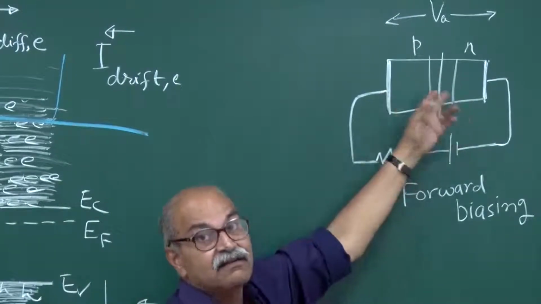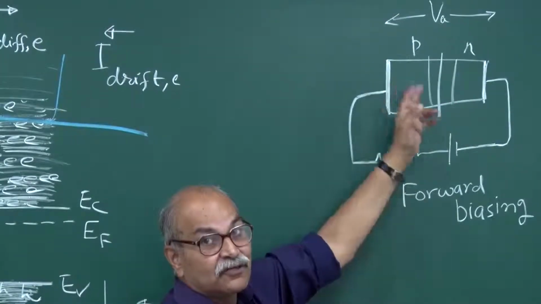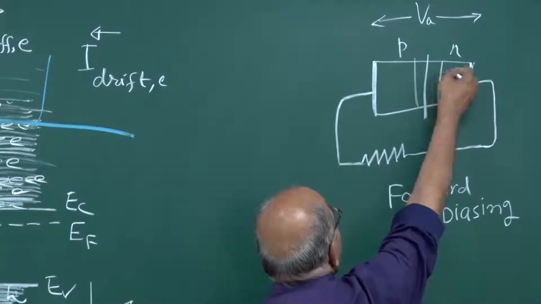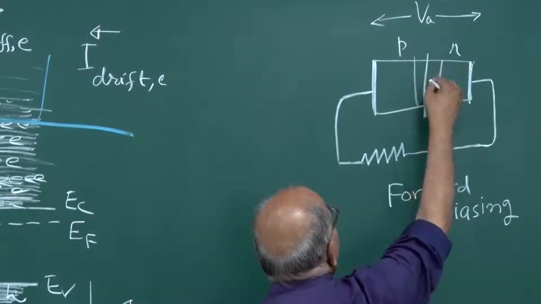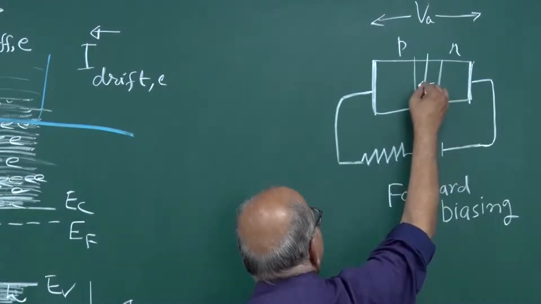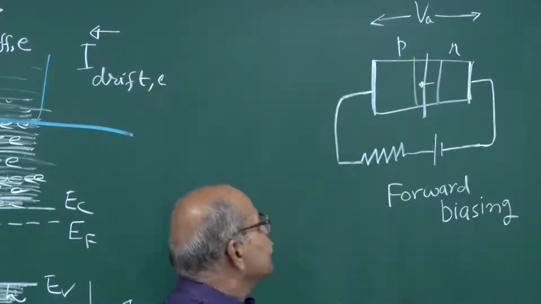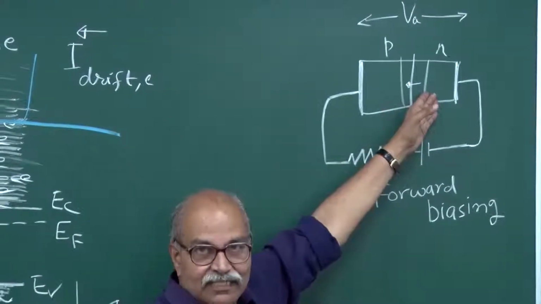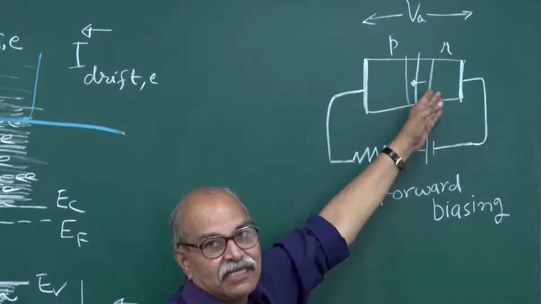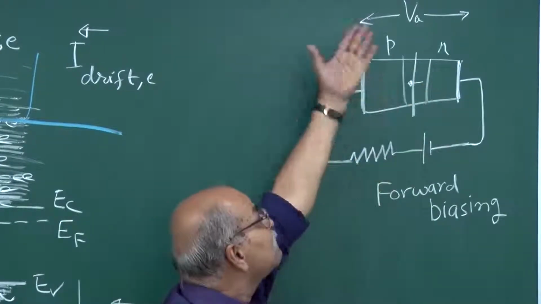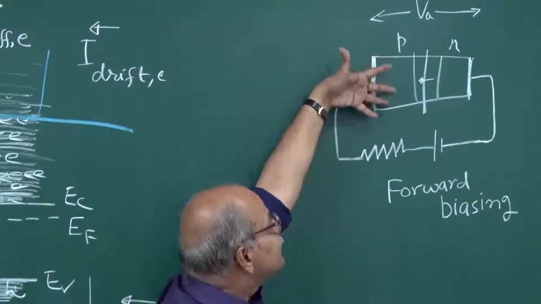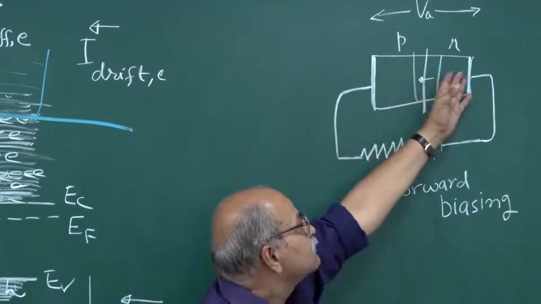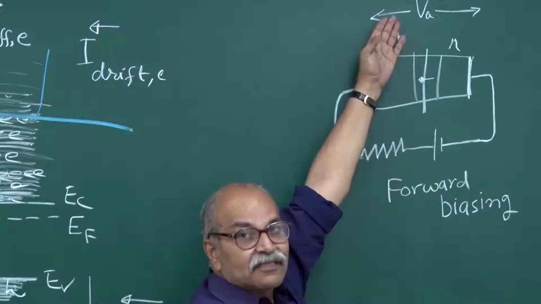That internal built-in potential difference is always there because of the electric field, because of these negative charges here, positive charges here. You have an electric field this way, and this electric field creates a potential difference. We have made all the calculations for that quadratic potential distribution. On top of that, you are raising the potential of this P side with reference to this N side by this amount VA.